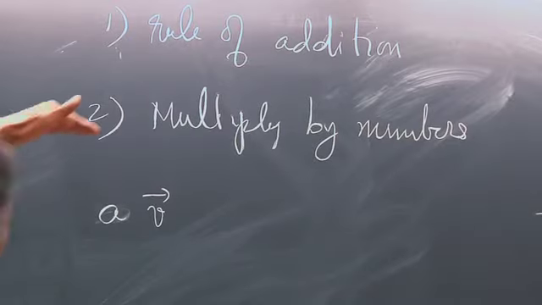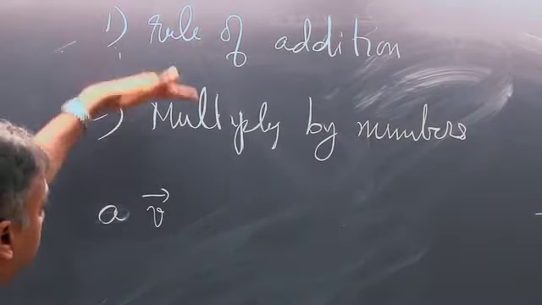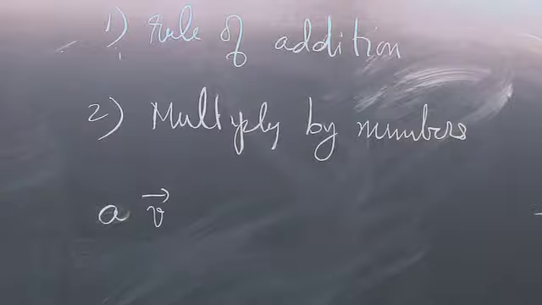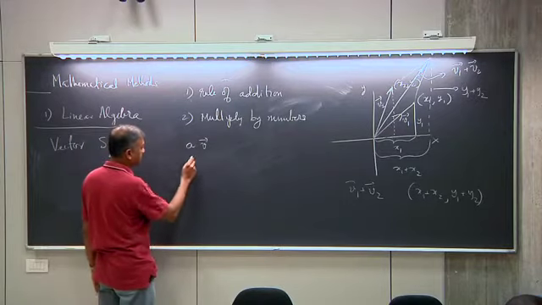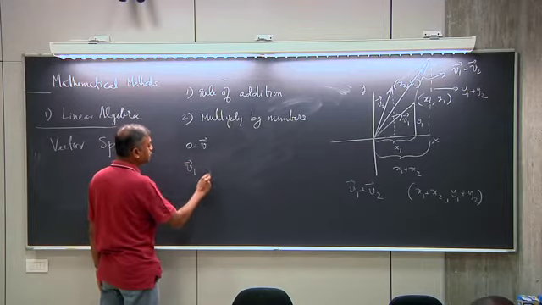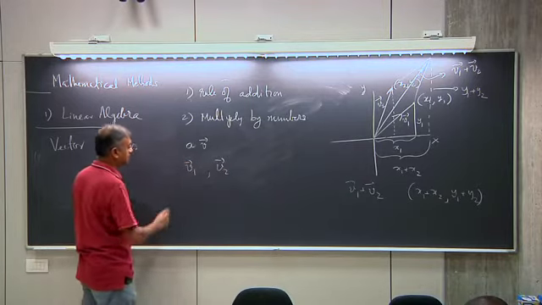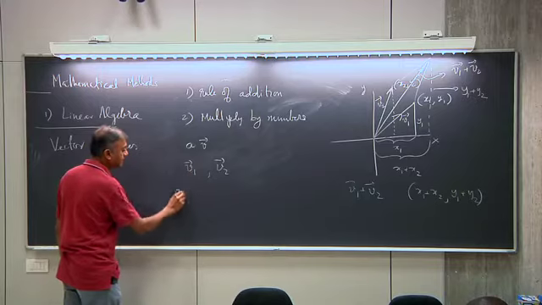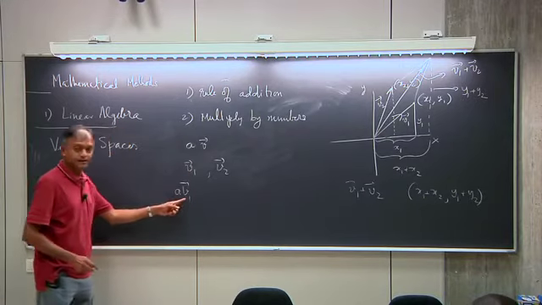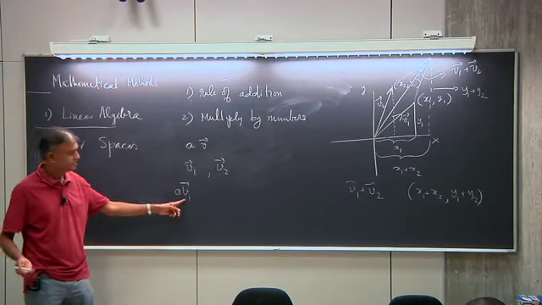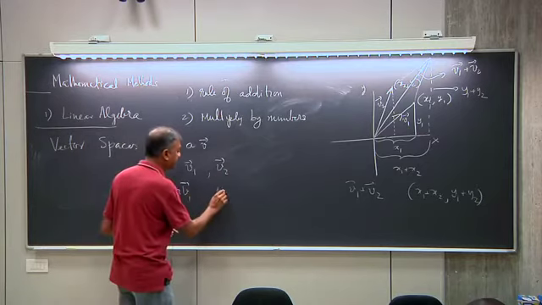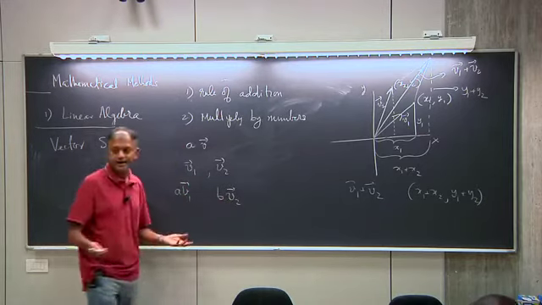Now we also can say a few more properties. Let's suppose I have v1 and v2, two vectors. I can multiply some number a with v1, and it will be again another vector. I can multiply some number b with v2, and that will be again another vector.